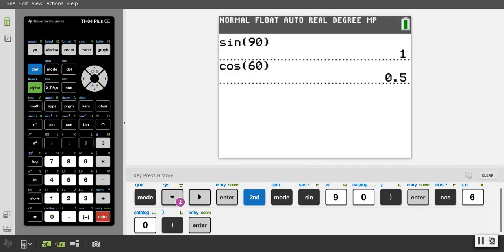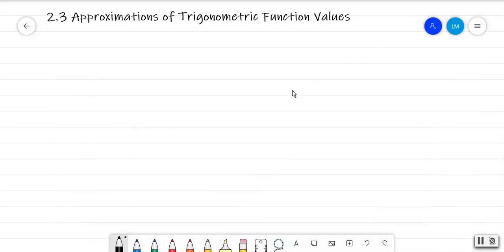So in this section, we're more or less just plugging these values into the calculator. You might feel like this is just plugging in everything. So let's say, for example, that we want to approximate the following.